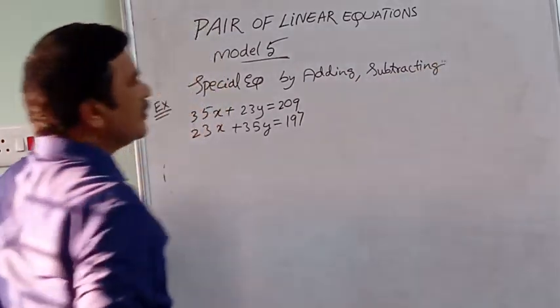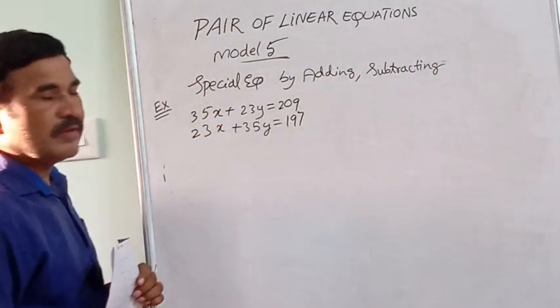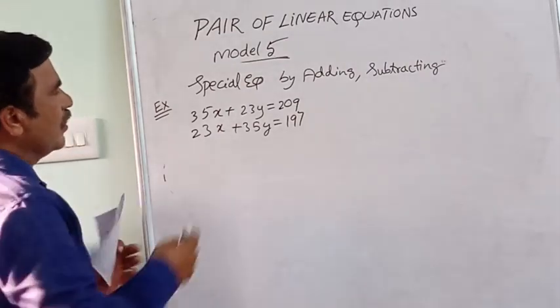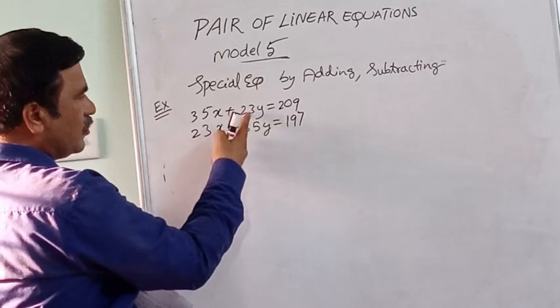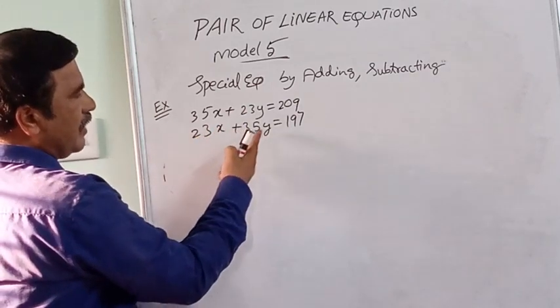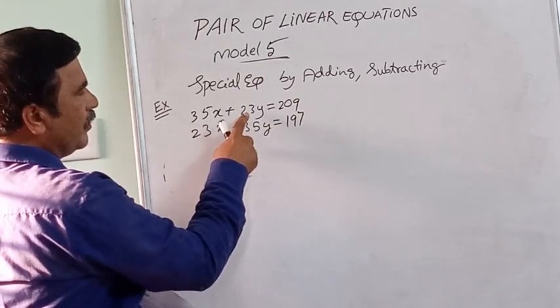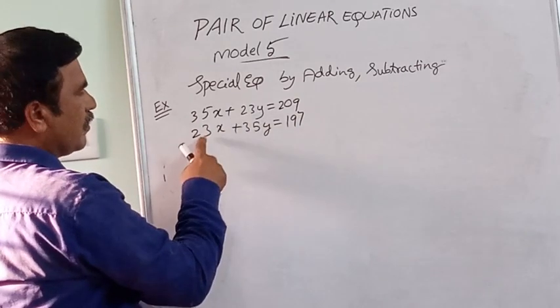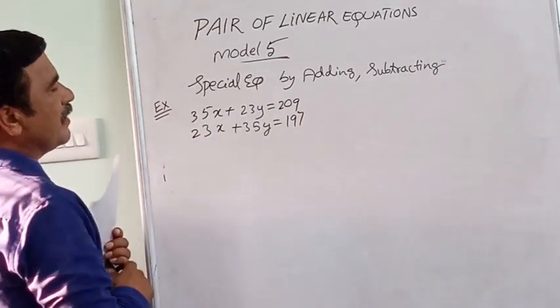This type of equation, first we must do adding and subtracting, then we can solve. See here, 35x plus 23y is equal to 209. 23x plus 35y is equal to 197. A1 is equal to B2, B1 is equal to A2. In such a case we will use this method.